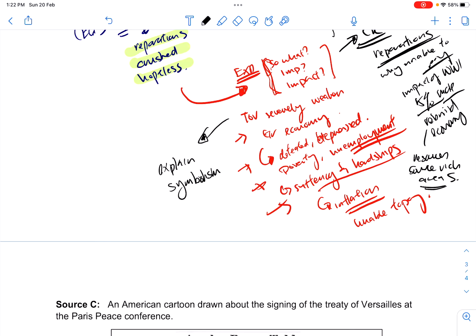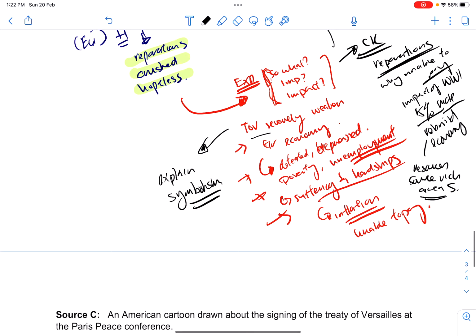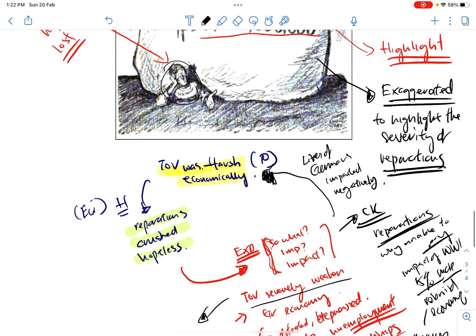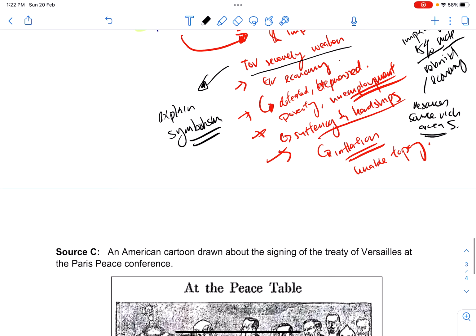The fact that they made the thing so heavy implies that this TOV is really going to severely weaken the economy. The fact that they use this guy looking hopeless, Germany, implies that they may feel defeated, depressed, and may experience poverty, unemployment, suffering, and hardship. The country may undergo inflation, whereby the value of savings of the people will start to drop.